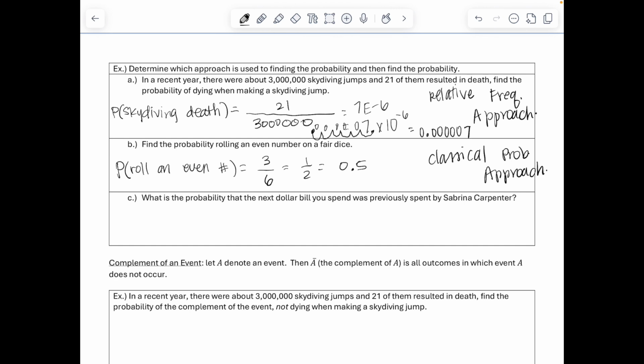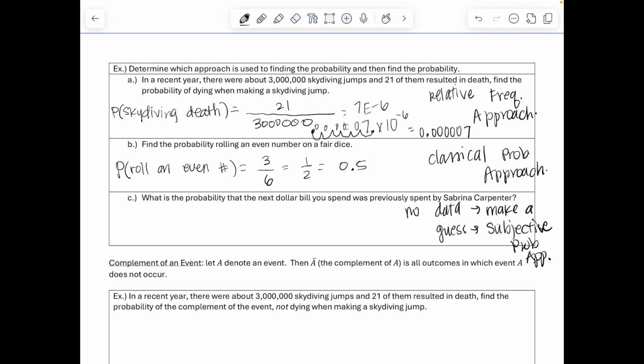Part C says what is the probability that the next dollar bill you spend was previously spent by Sabrina Carpenter? And so for this, there is no data. We have no information about this. We don't know if you just saw her or if you've never seen her. And so we're going to make a guess. And because of this, this is our subjective probability approach.